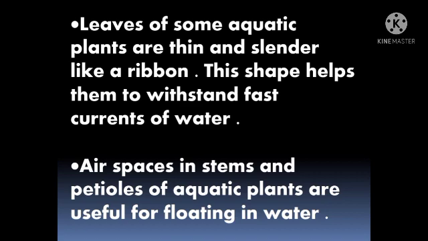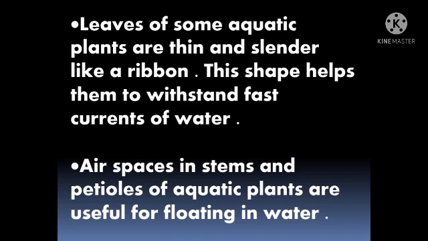Leaves of some aquatic plants are thin and slender like a ribbon. This shape helps them to withstand fast currents of water. Students, the thin and slender shape of the leaves helps the plant to face the water currents and protect itself from drowning.